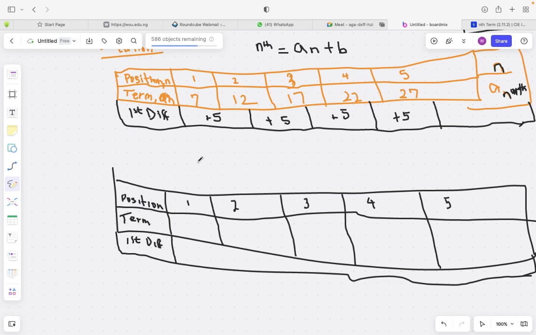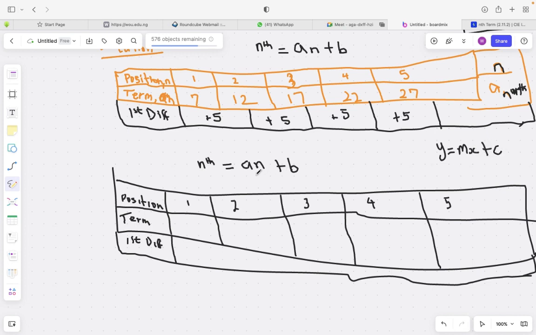This is our formula for the nth term. The nth term for a linear function is like the gradient, a, times n, plus b. Remember this equation, y equals mx plus c?